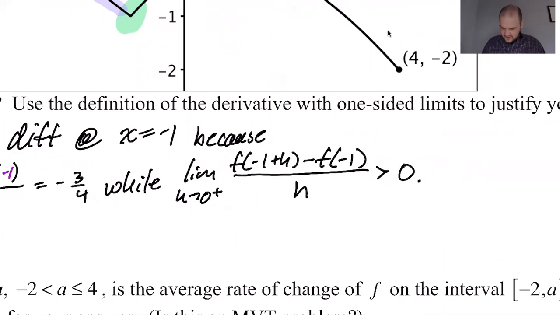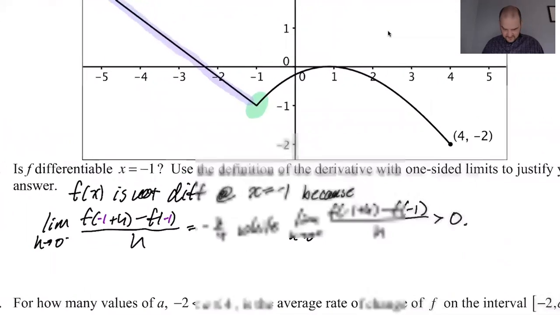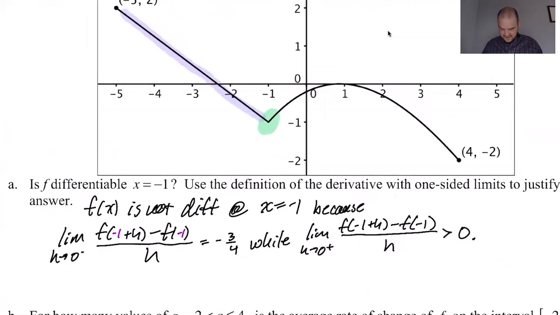I didn't really mention it, and I'm not sure that everyone watching this would pick up on why these have the values that they have. So for example, the first one, we're starting at -1. And since we're doing the limit as h approaches 0 from the left, we're going to add a number to -1 that's a little bit negative.